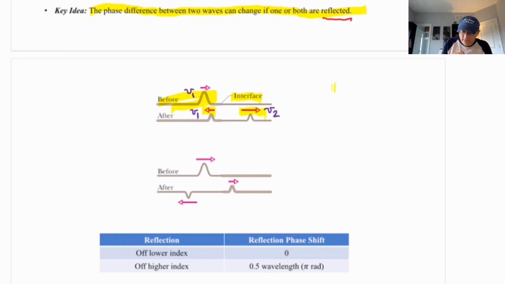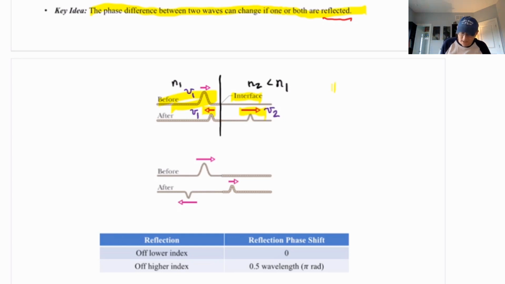And by the way, that's analogous in the optical situation to the case where we have an interface between two materials. The material on the left has index of refraction n1, the material on the right has index of refraction n2, and n2 is smaller than n1.